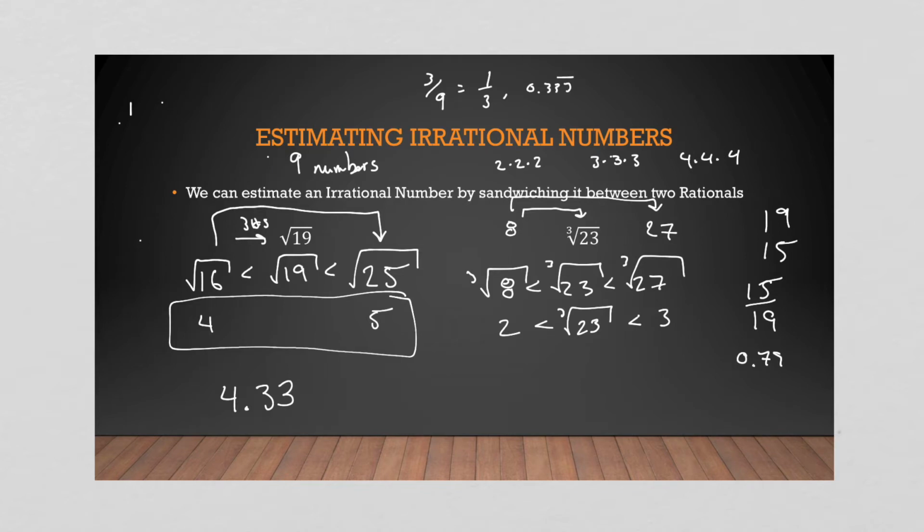So you can say the cube root of 23 is probably 2.79-ish. It is an estimate, and it's probably a pretty good one. If we check the cube root of 23, we get 2.8. So boom, very close. That is how you estimate. I'm more interested that you can tell me between which two integers or whole numbers, but the closer you can get, the better.